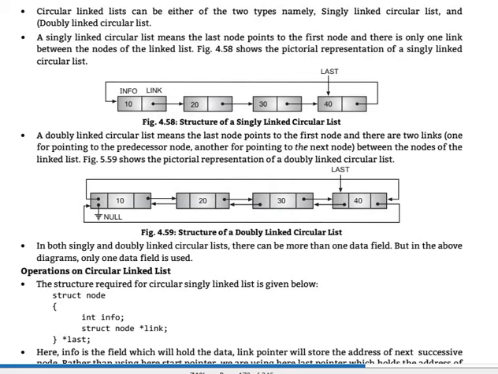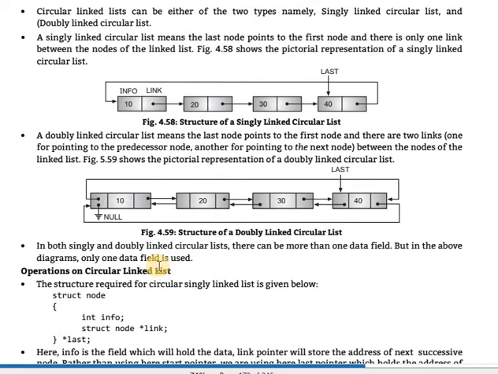In both singly and doubly linked circular lists, there can be more than one data field, but in the above diagram only one data field is used.